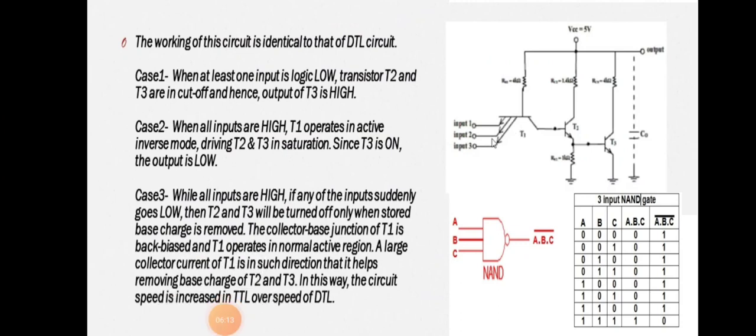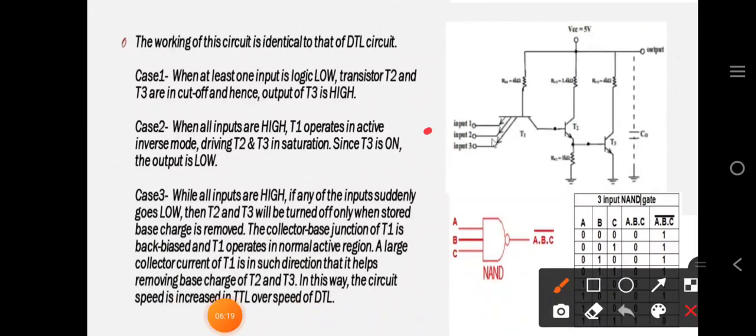Now what does this mean? If there are 3 inputs, input 1, 2 and 3, and all the 3 inputs are 1, then what will happen? This transistor will be in saturation region. It means this transistor will be on.